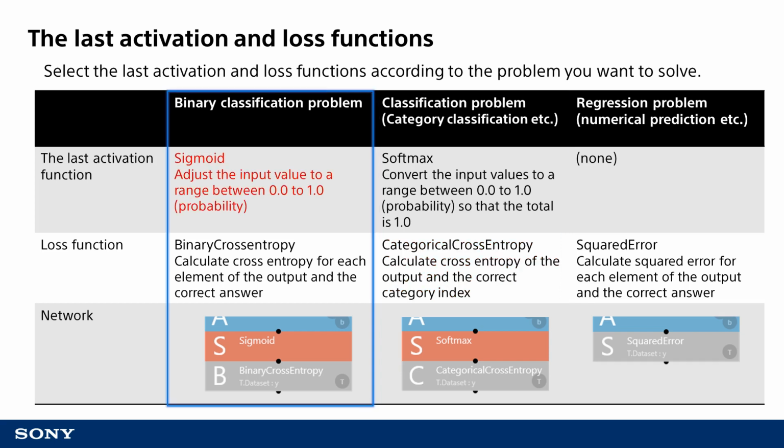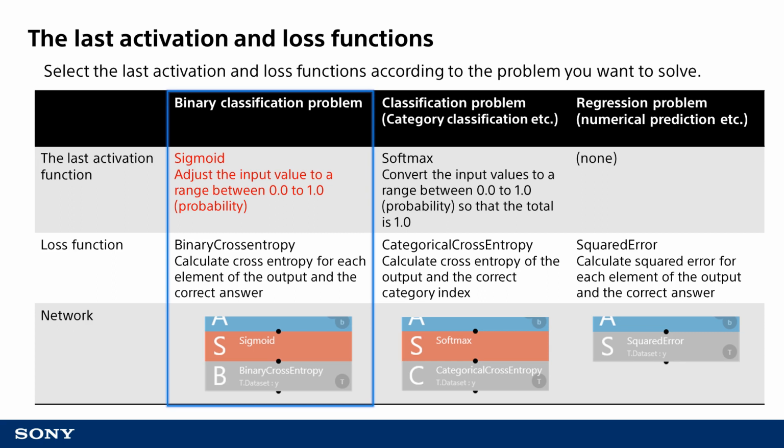In the case of binary classification problems, we use a function called sigmoid instead of softmax as the last activation function. This function, sigmoid, is similar to the tanh function we introduced earlier. While tanh fits the input value between -1 and 1, sigmoid fits the input value between 0 and 1.